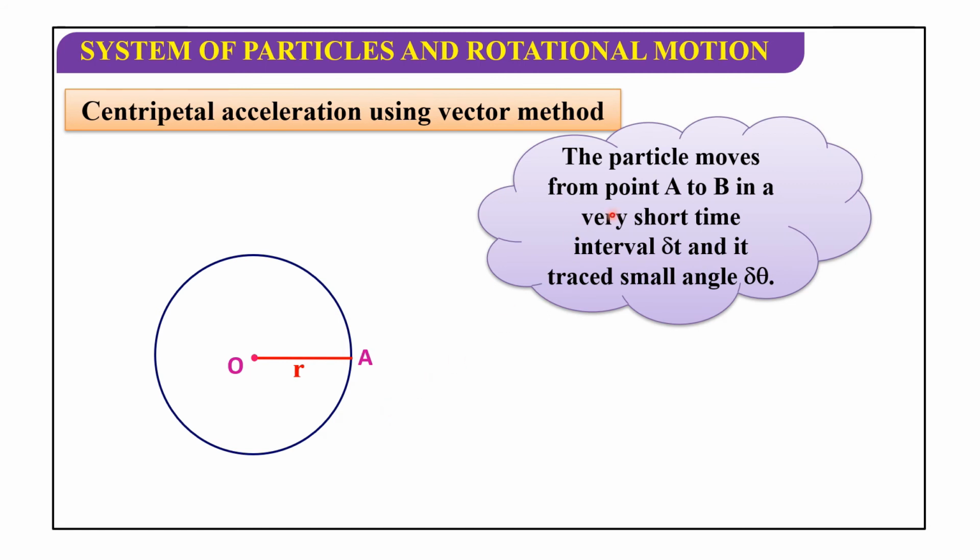Now the particle moves from point A to B in a very short interval of delta t, and it traces a small angle delta theta. So the particle is moving from A to B with the angle delta theta. A is the position at a distance of r.